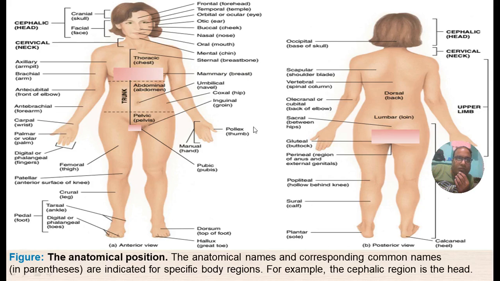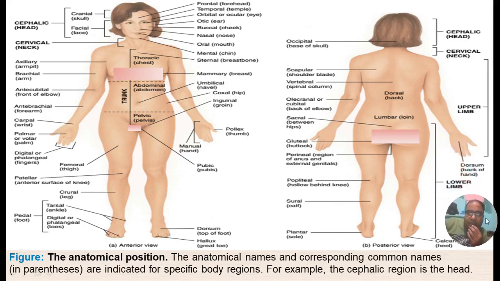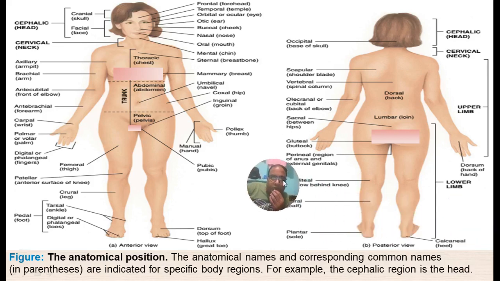In these two figures, all the major parts which we have discussed earlier in the slide have been labeled, so you can locate them by looking at the places, as you already know human body parts.